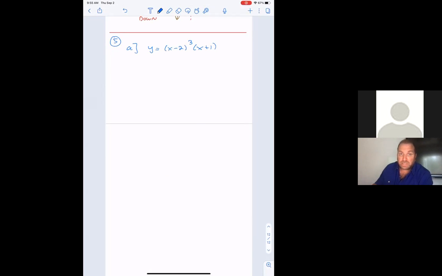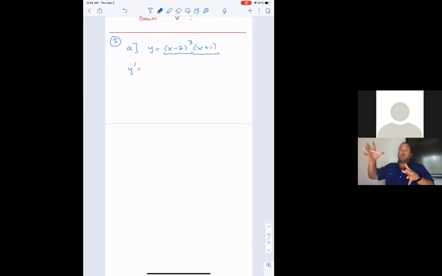So find any local max or min points. How do we do that? We take the derivative. This is a product rule. It's (x minus 2) cubed times (x plus 1). When we do the derivative of the first part, the derivative of (x minus 2) cubed, what method do we use to take its derivative? We see that's the chain rule.